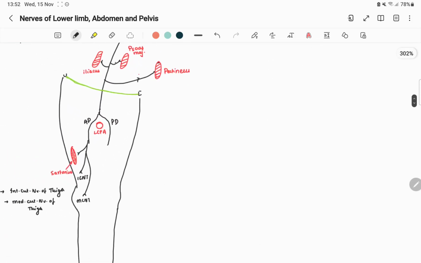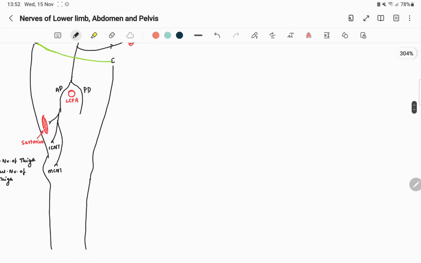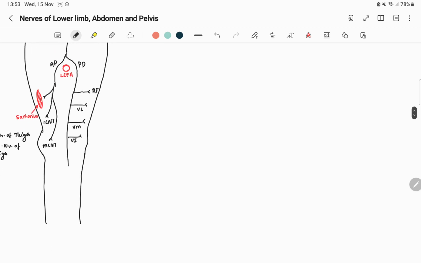So this is the whole pathway of the anterior division. The posterior division will give four branches to the anterior muscles: one to the rectus femoris, one to the vastus lateralis, one to the vastus medialis, and another to the vastus intermedius. Understood?